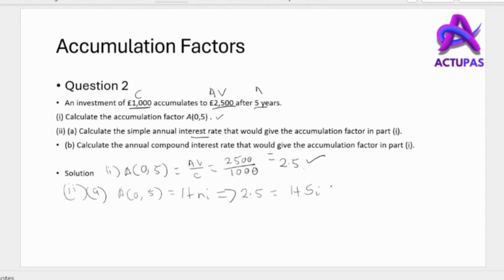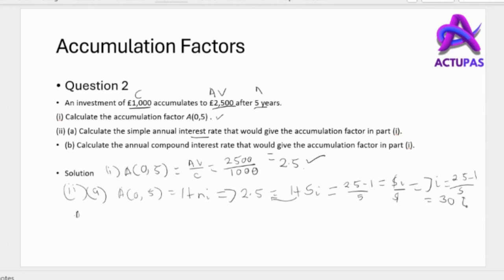This implies that we move this 1 to this side, and it changes sign to negative. So it becomes 2.5 minus 1 is equal to 5I. Then divide both sides by 5. I is equal to 2.5 minus 1 over 5, which is equal to 30%.